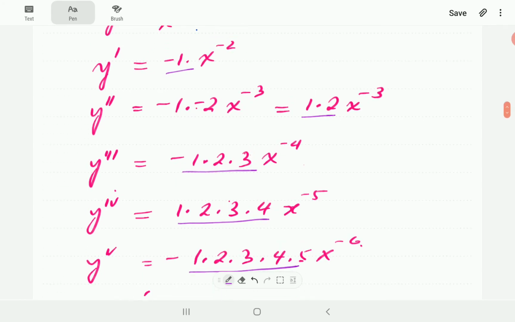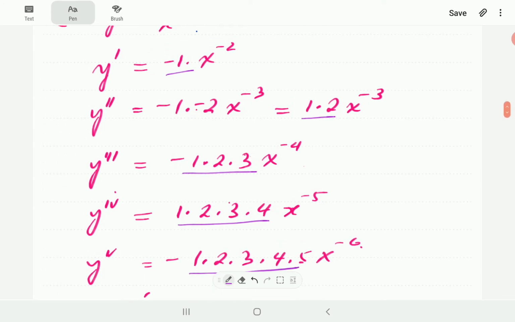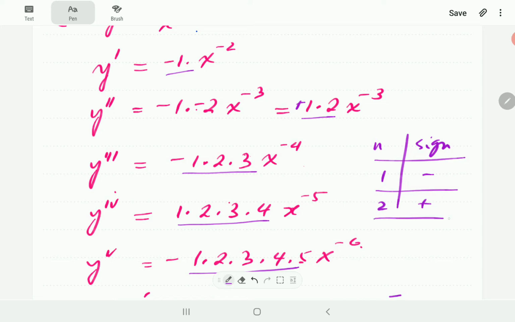Then the sign is flipping between plus and minus 1. So for n equals 1, the sign is negative. For n equals 2, the sign is positive. For n equals 3, the sign is negative.